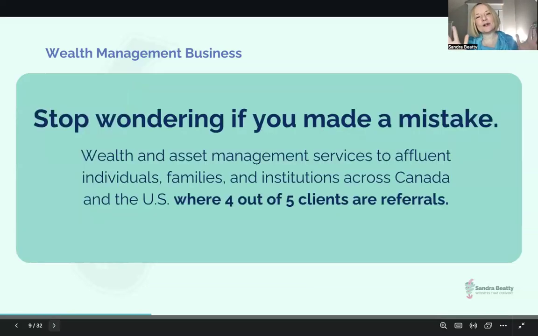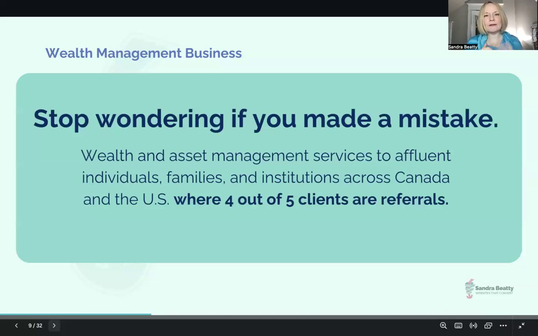So what if we change the headline to something like this? Stop wondering if you made a mistake. Wealth and asset management services to affluent individuals, families, and institutions across Canada and the US, where 4 out of 5 clients are referrals. All of that information, especially the subheader, came right off their website. So this does a few things.